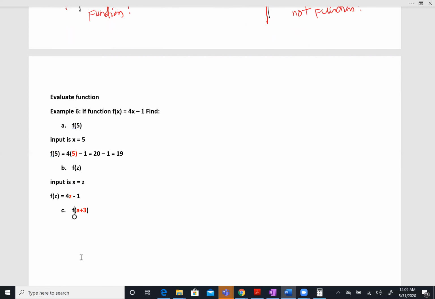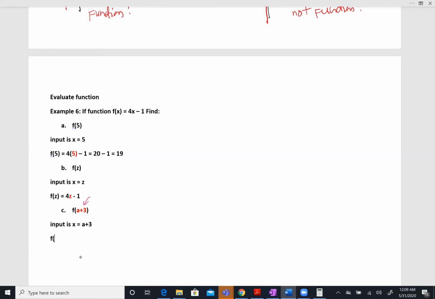All right, so problem C. In this case, it's more complicated, but what do you think the input is? It's going to be x equal to a plus 3, right? So in here, you see that the input is a plus 3.